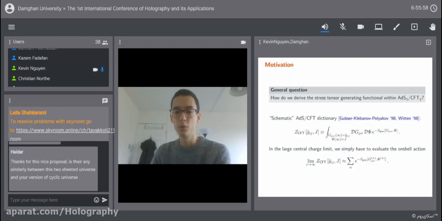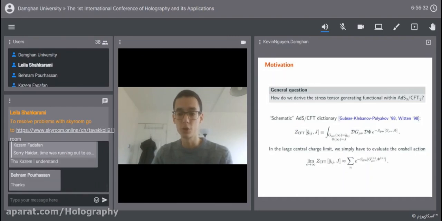All that we have to do in that regime is to solve the classical field equations in the bulk, satisfying the appropriate boundary conditions that we have imposed, and then simply evaluate the gravitational action for those classical solutions. Here, I'm only going to be interested in correlation functions of the stress tensor, so I can set all other sources j to 0. In fact, it's enough to consider pure gravity in AdS3.